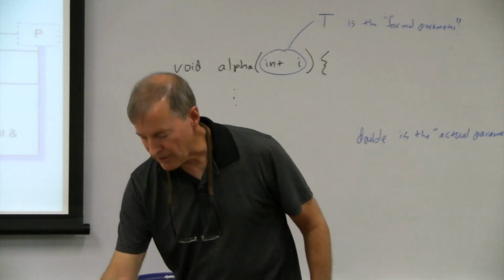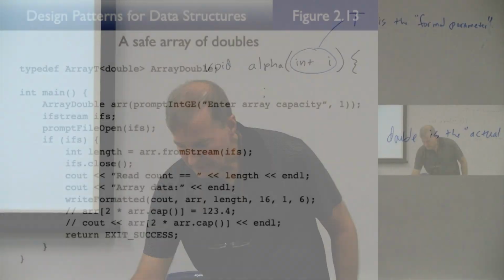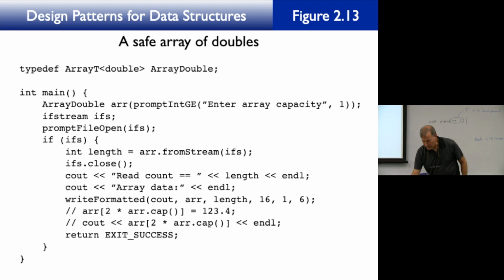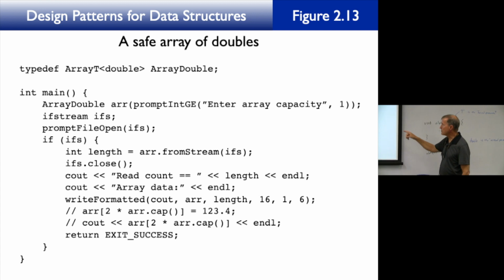Now, let's go back to the code. Watch this. Let's go back to figure 2.10. You see where it says typedef Array T, angle bracket, double, end angle bracket.